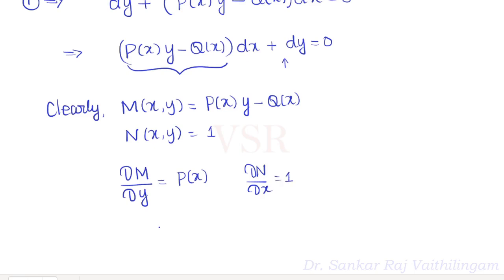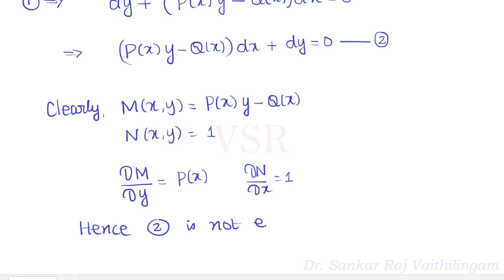Okay, so this is not an exact differential equation. I call this 2. So equation 2 is not an exact differential equation. Hence we need to find an integrating factor. The integrating factor is nicely available here.